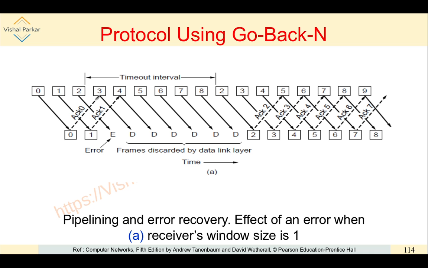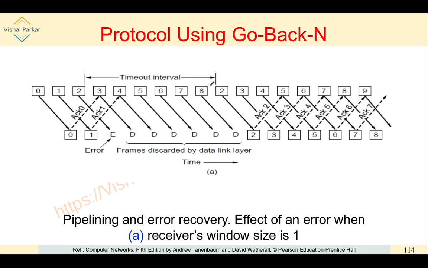Meanwhile, apart from frame number 2, the rest of the frames in the sender's window, that means 3, 4, 5, 6, 7, and 8, were correctly received. Even though they were correctly received, as frame number 2 was not received correctly, the frames up till 8 were simply discarded by the data link layer of the receiver.